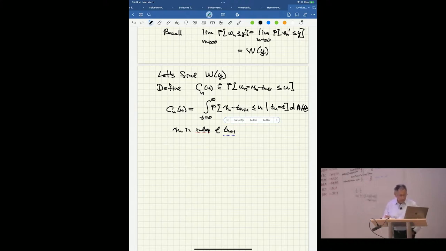So I can write the thing above, that capital C sub n of u, is equal to the integral from t equals 0 to infinity of the probability that xn is less than or equal to u plus t, given tn plus 1 equals t, dA of t.